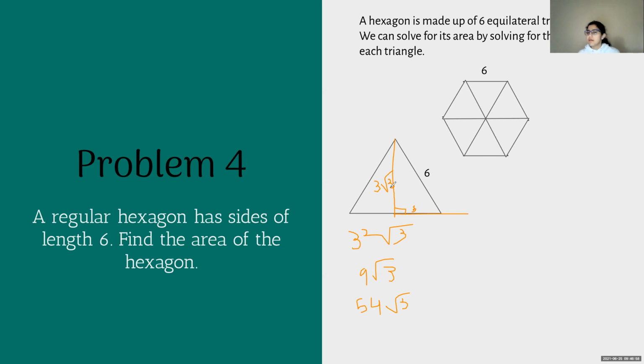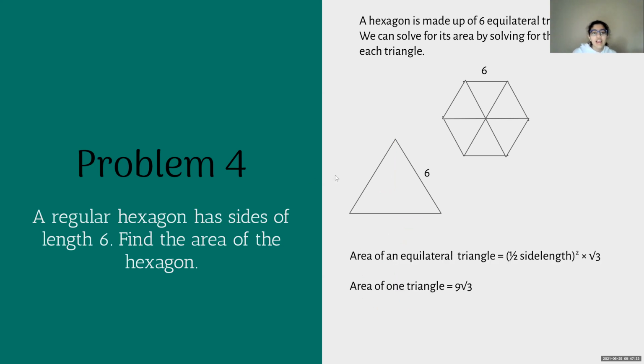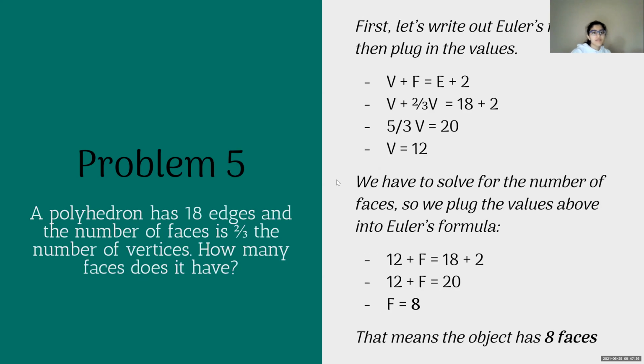However, I do know that many people mess up while finding the height for an equilateral triangle, because you get a little mixed up with which leg is which. So yes, you could do base times height divided by 2, but only do it if you are 100% sure of what you are doing, because it's easy to mess up. So a regular hexagon has an area of 54 radical 3.